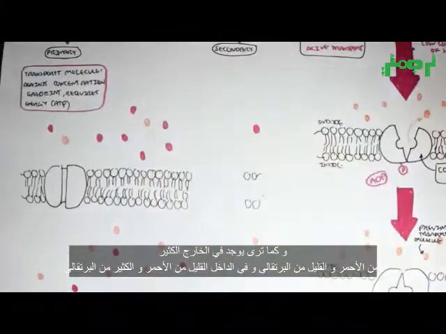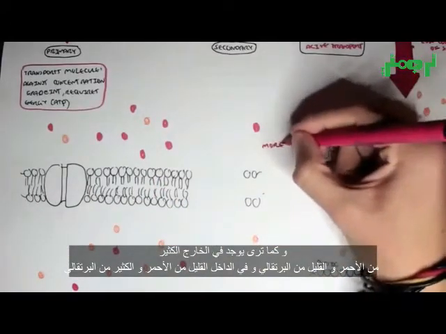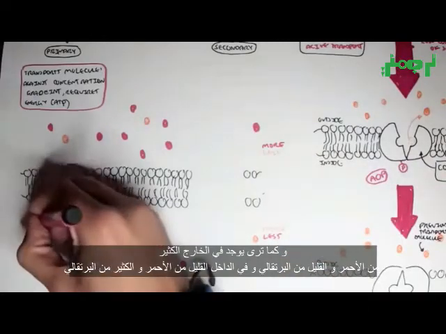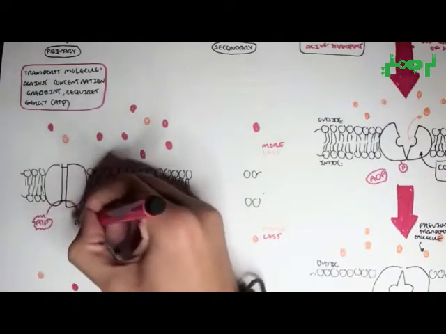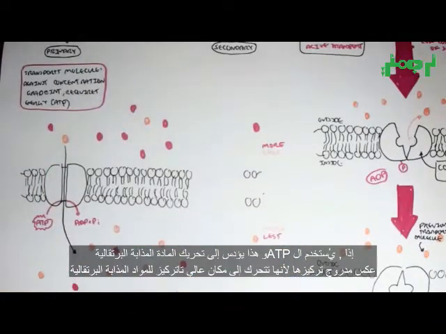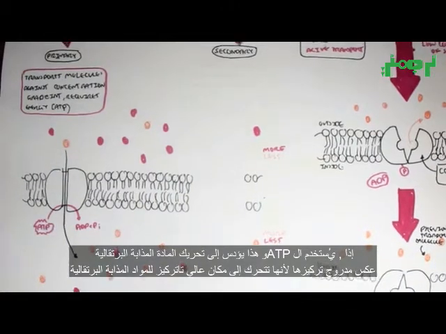As you can see, there is more red on the outside and less orange on the outside, and there's more orange on the inside and less red on the inside. So ATP is used, and it causes an orange solute to go against its concentration gradient, because it's going to an area of high concentration of orange solutes.